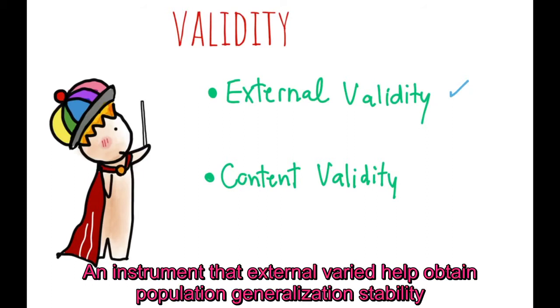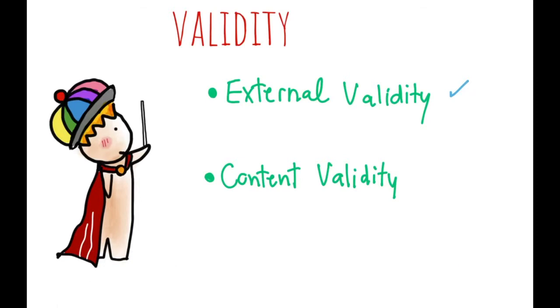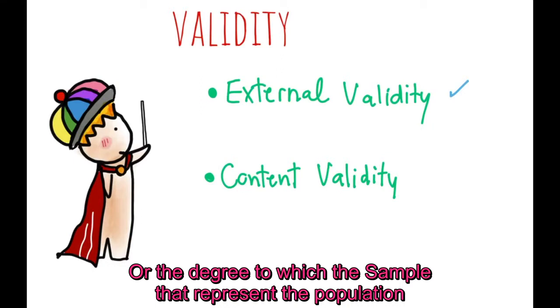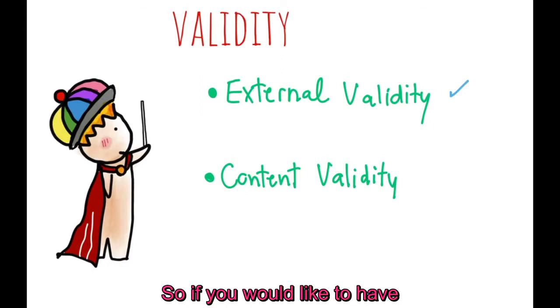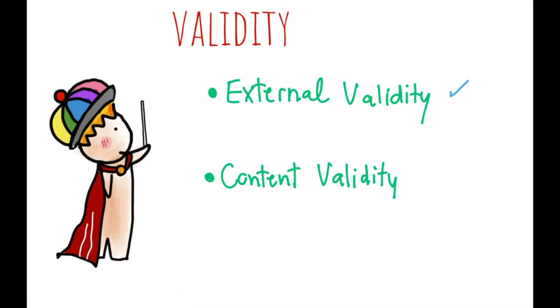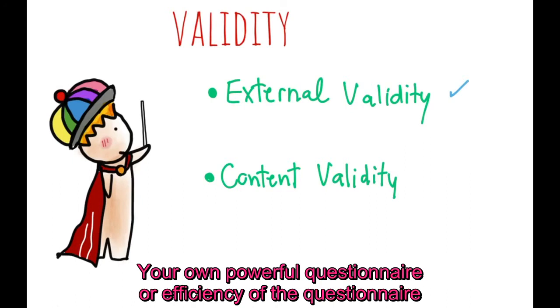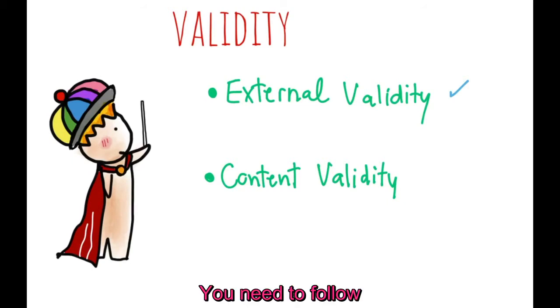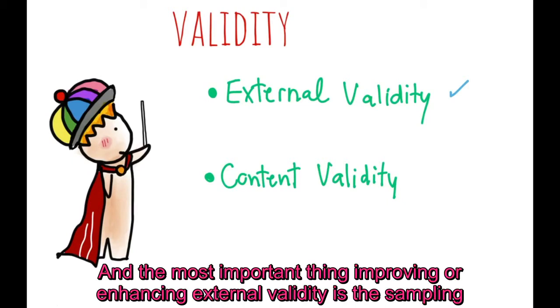An instrument that is externally valid helps obtain population generalizability, or the degree to which a sample represents the population. The most important thing for enhancing external validity is the sampling.